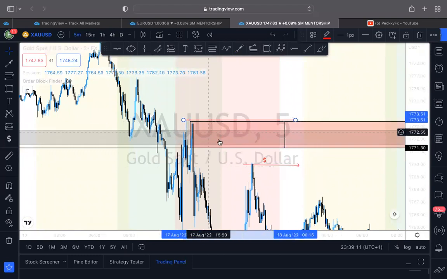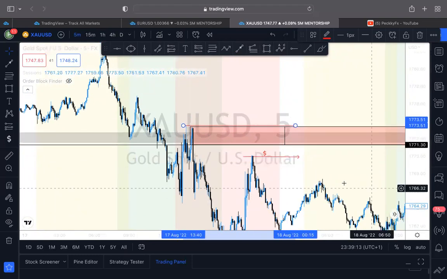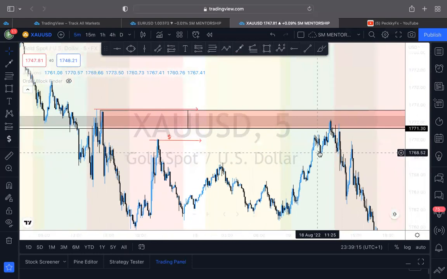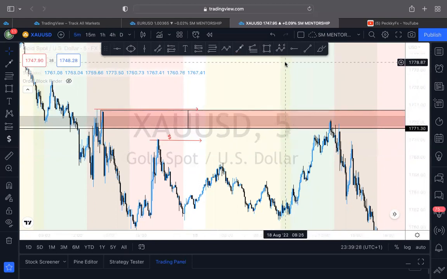Just remember, this thing didn't happen the same day. It happened the next day, based off of the structure I've already marked out on the higher time frame, looking for an entry because the market has given me a BOS. Okay, so that is how you spot entries.